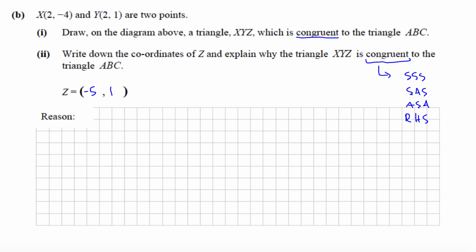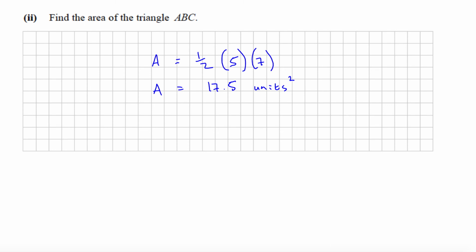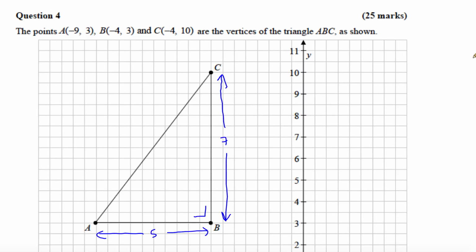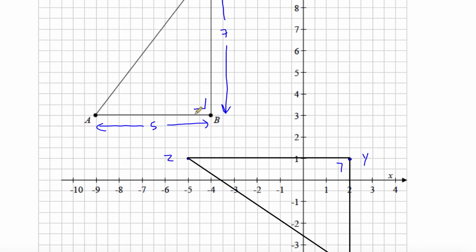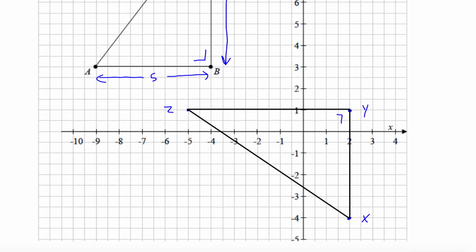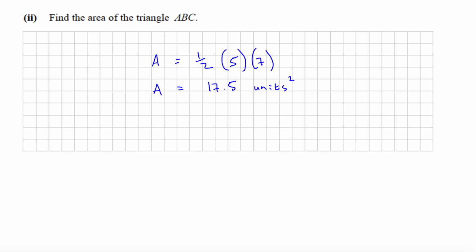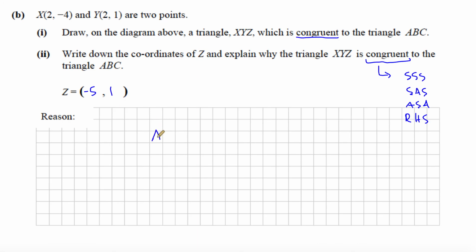So I can see from my diagram that the length of AB is the same as the length of YX. So the length of AB is equal to the length of YX.